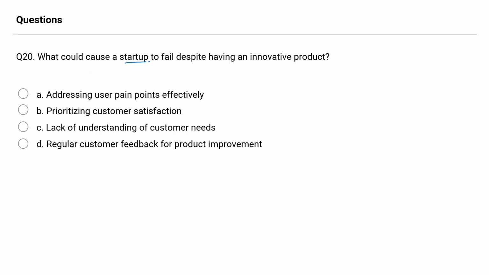What could cause a startup to fail despite having an innovative product? Okay, so you need to tell, although a startup has an innovative product, what can lead to its failure? Options are addressing user pain points effectively, prioritizing user satisfaction or customer satisfaction, lack of understanding of customer needs, and regular customer feedback for product development.